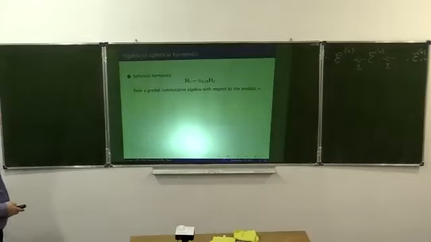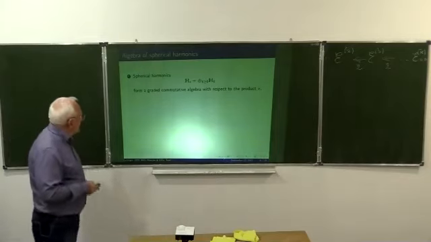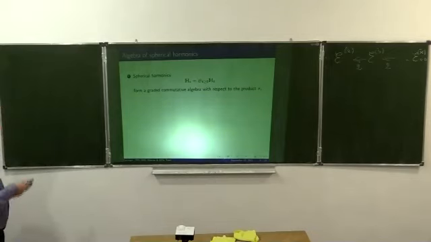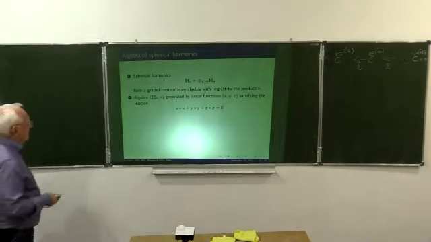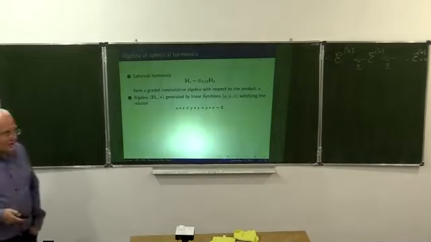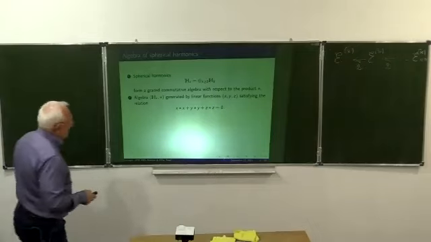So if we take spherical harmonics, we will get a graded commutative algebra, certainly, with respect to this new product. And this algebra is generated by linear functions. Linear functions, you know that they are harmonic. And the relation that these functions satisfy is this one: x squared plus y squared plus z squared equals 0.